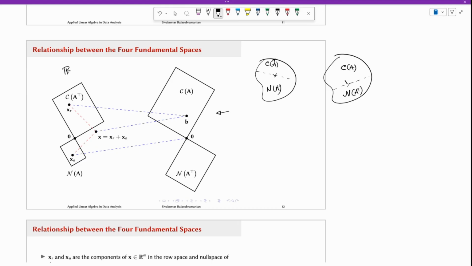This is your input space, output space. This is your column space. And this particular visualization simply emphasizes that the left null space is orthogonal to the column space.